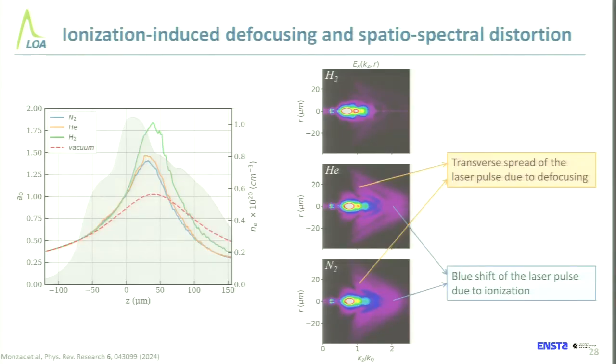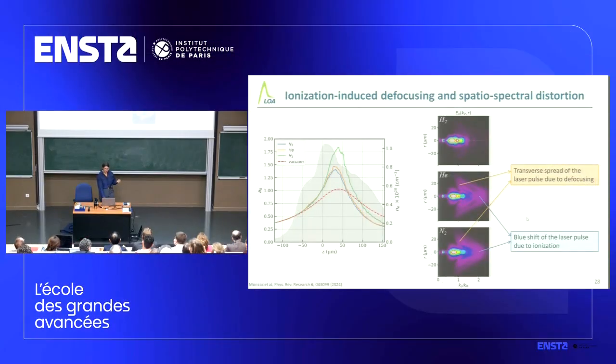So we used these simulations to really understand what was going on during the acceleration process. So first, here on the left, you see the evolution of the laser normalized intensity along propagation. The gray areas that you see here correspond to the electronic density within the plasma, so it's the density profile in the plasma.